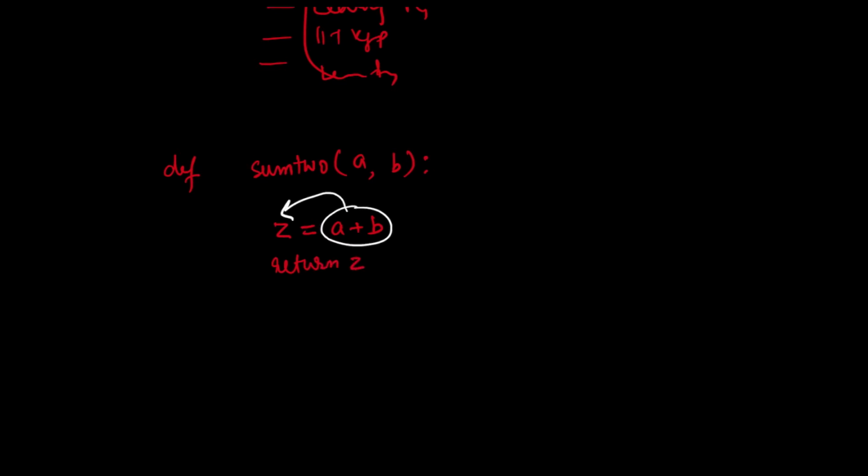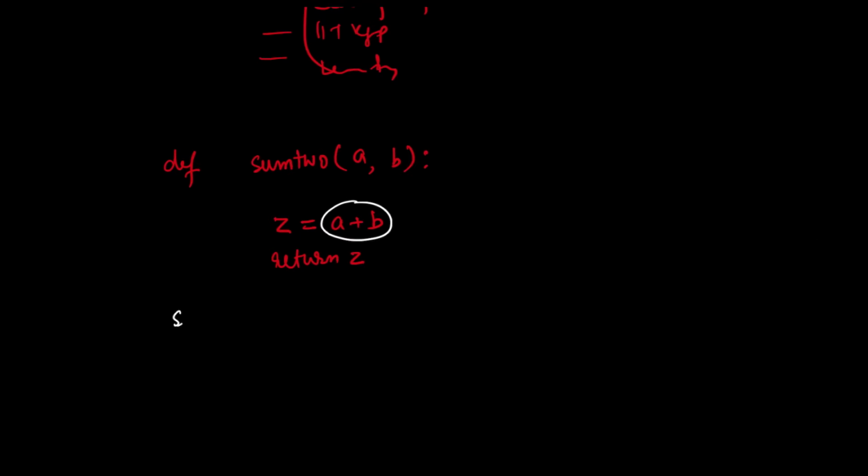So the sum will be stored in z, and finally z will be returned to the function call. Now I am calling the function from here, sum2, and the variables I am giving, say x and y.